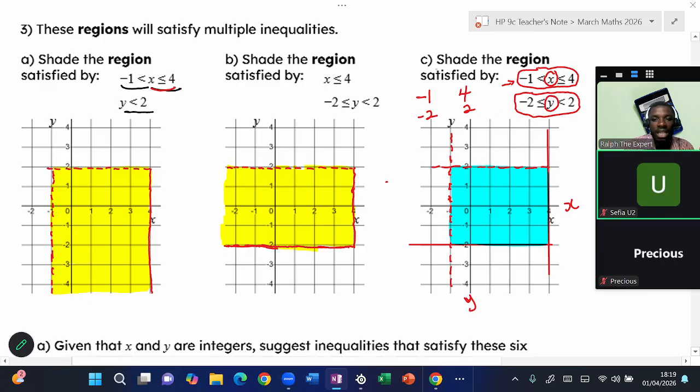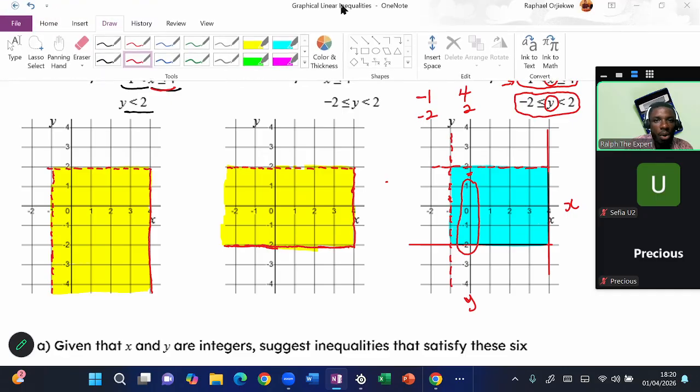Yes. So you can easily tell that the values of y are 1, 0, -1, and -2, because -2 is included. 2 is not part. Any other number here, even 1.5, 1.9 is included. Then the values of x is also another one.